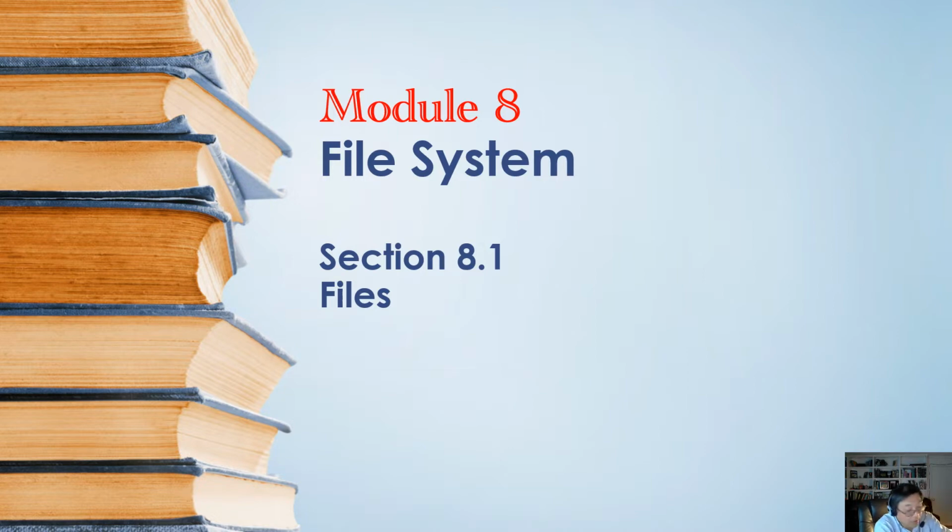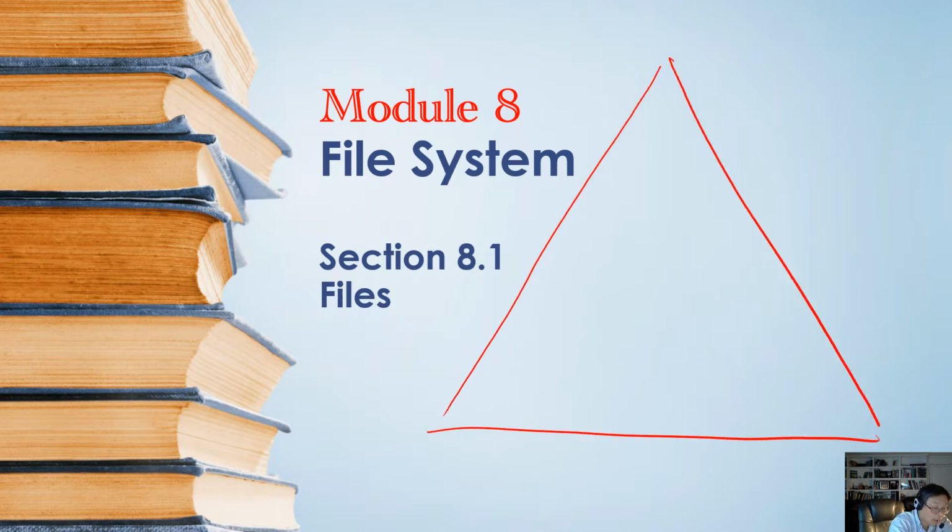So we can organize the computer storages into a hierarchical structure, like a pyramid. On top of this pyramid is the register. Register is located in the CPU, the computer processor.